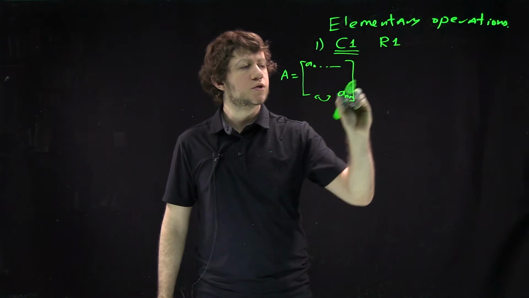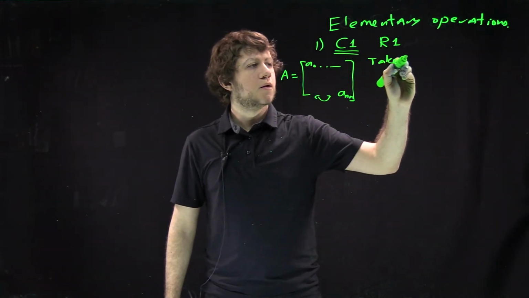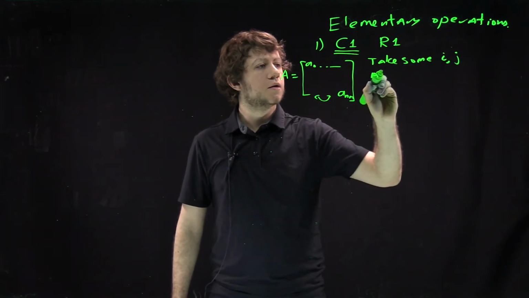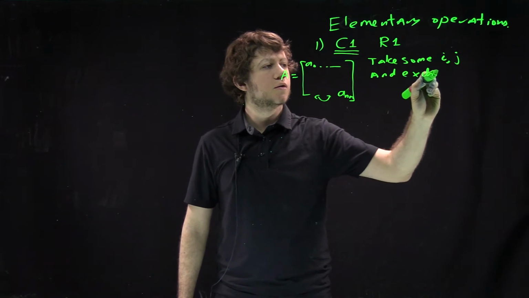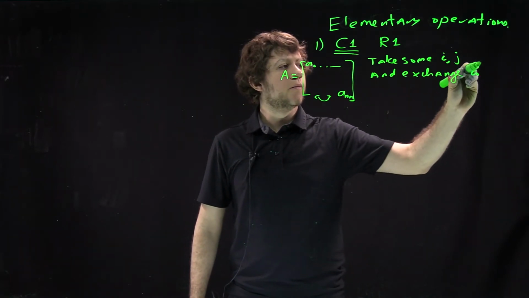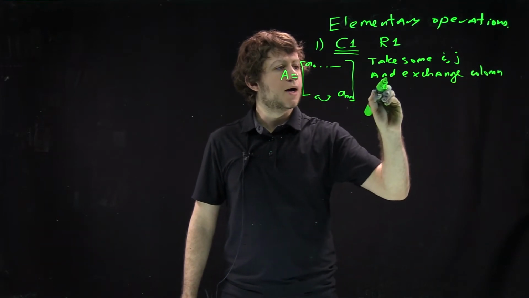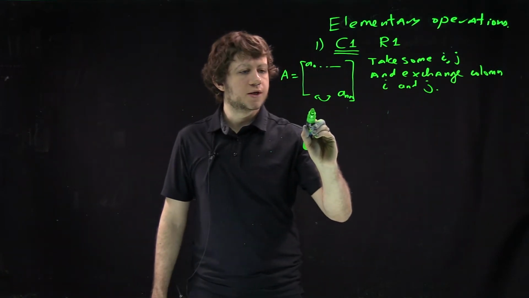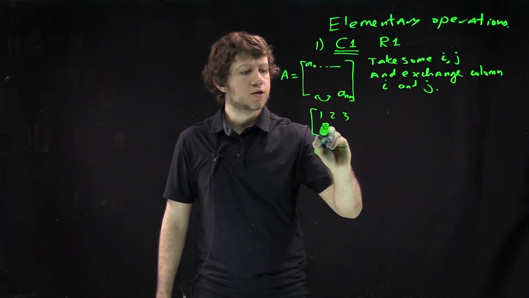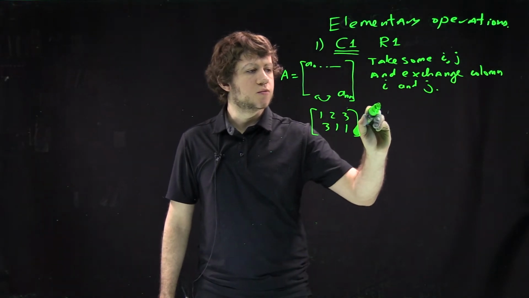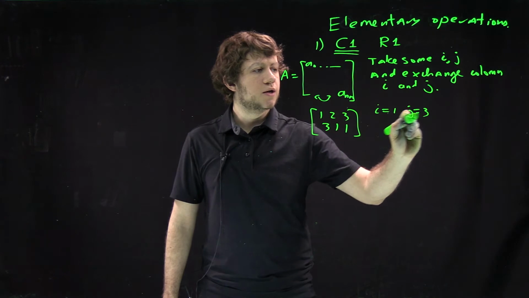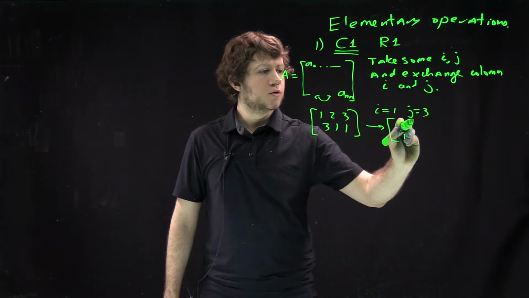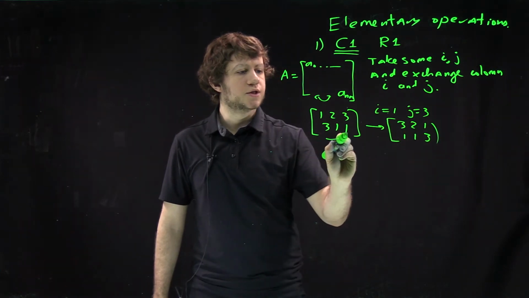So you just take 2 columns, I and J, and exchange columns I and J. So for instance, one can take a matrix like 1, 2, 3, 3, 1, 1, take I equal to 1, and J equal to 3, and then exchange to get 3, 1, 1, 1, 3, and what happens is these 2 columns got exchanged.